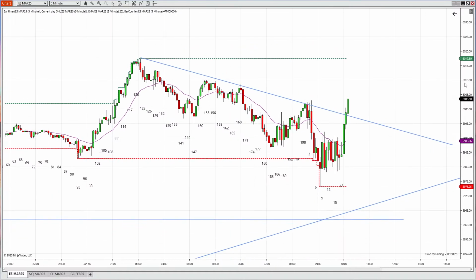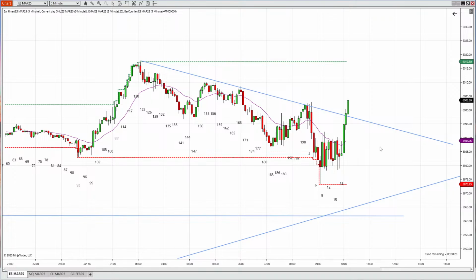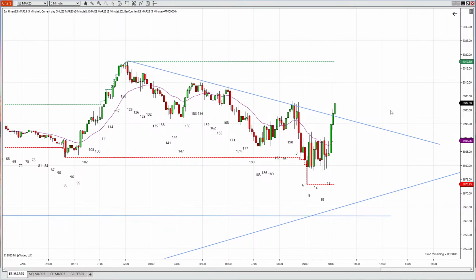It's reasonable to think that you're going to get a second leg up. You do have an area of consolidation, 1, 2, probably got 18 seconds left, so it's going to be a good sized bull bar here, more than likely. So you get 3 good bull bars in a row. Breaking this channel, it's reasonable to think that any pullback you're going to find a buying opportunity. That'll be the second leg up.